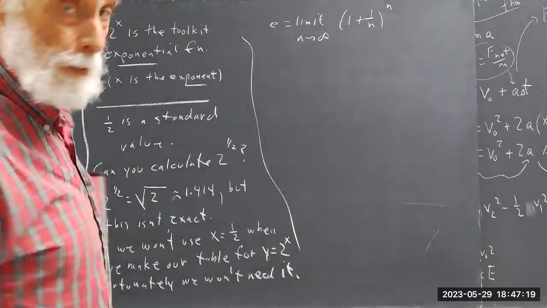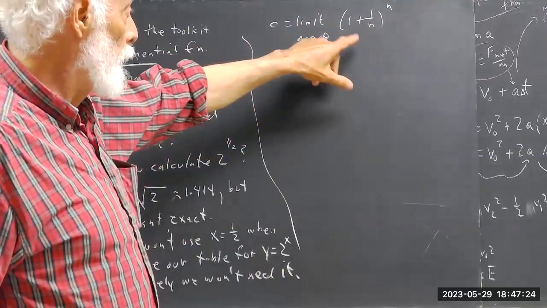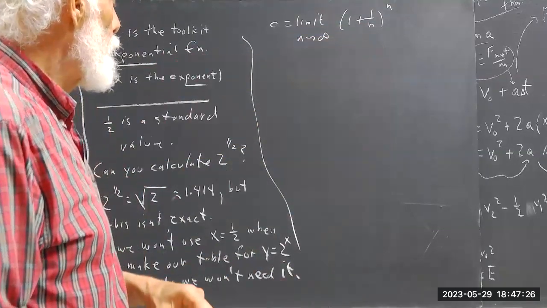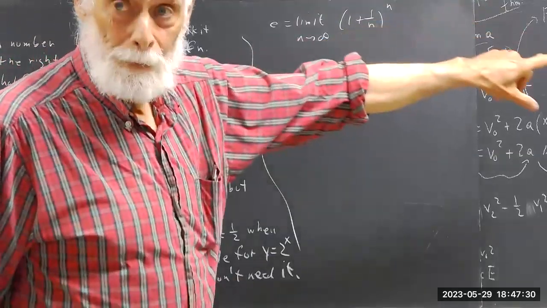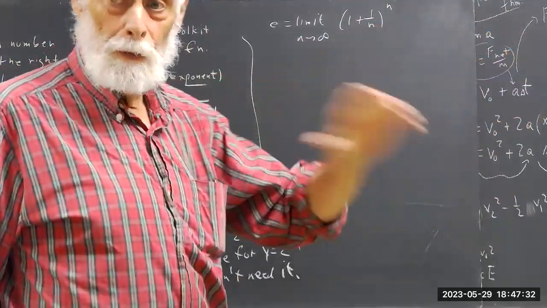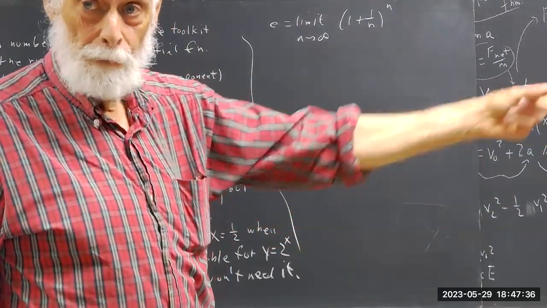You can take a calculator and see that, n never stops. n approaches infinity means you've got to keep going, and it can never stop and you're never there. Can't ever get there.